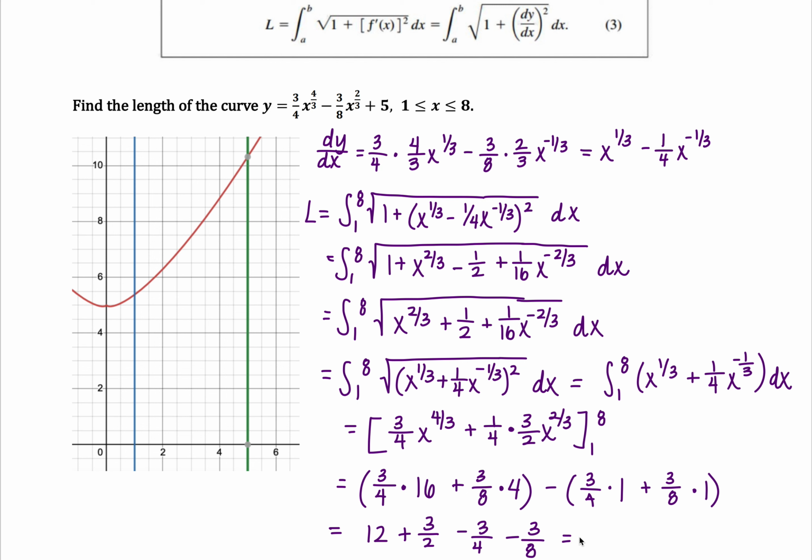If you create a common denominator and then add all of these together, you're going to end up with 99/8. So the length of this red curve here between the point where x equals 1 and the point where x equals 8 is 99/8 units.